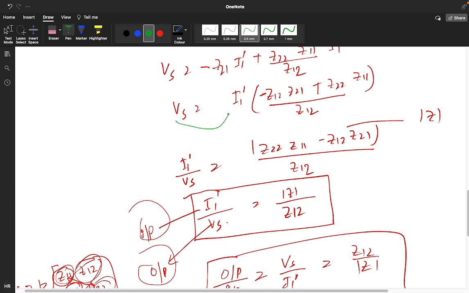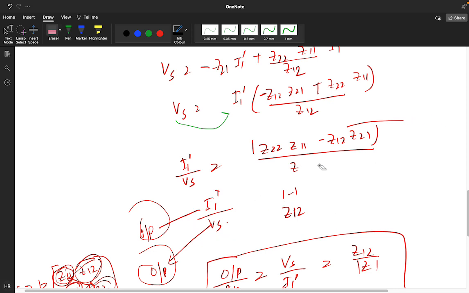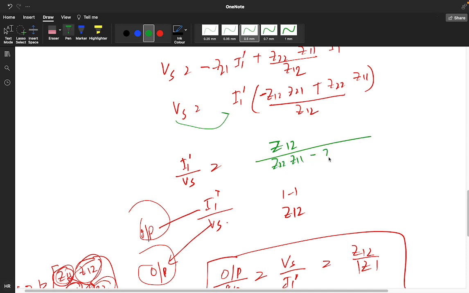Sorry, I just made a mistake here. You will get I1 dash divided by V2 dash, and it is coming as Z12 divided by Z22 into Z11 minus Z12 into Z21.